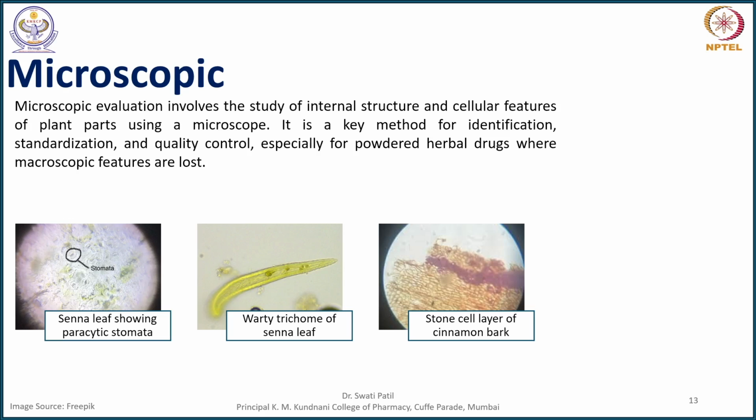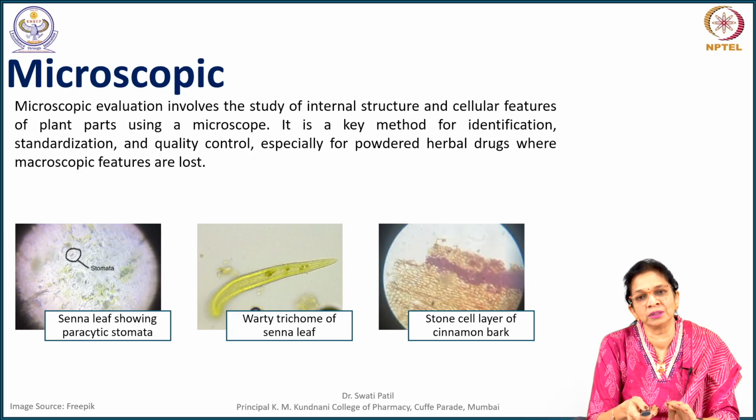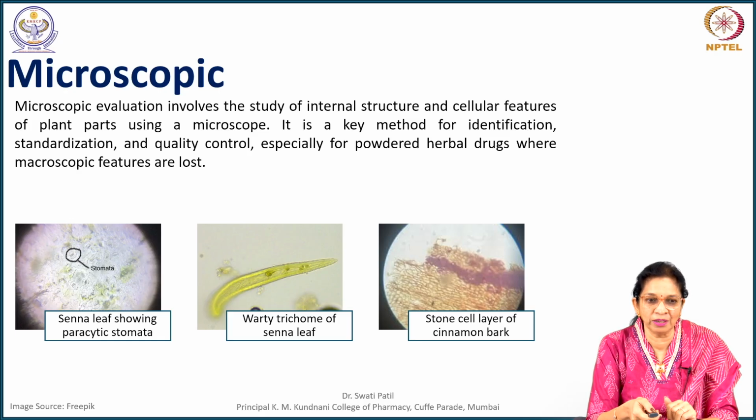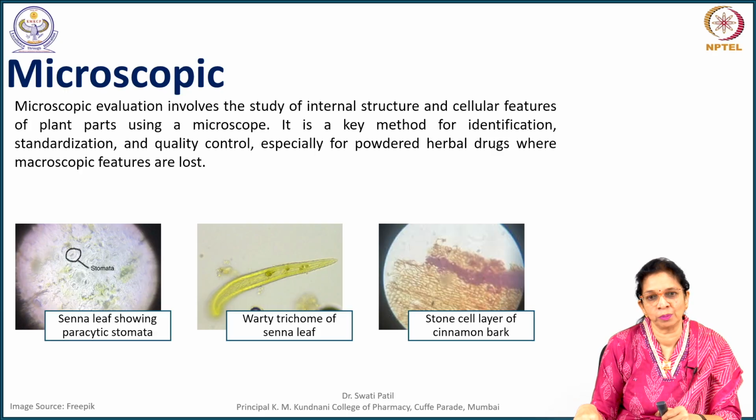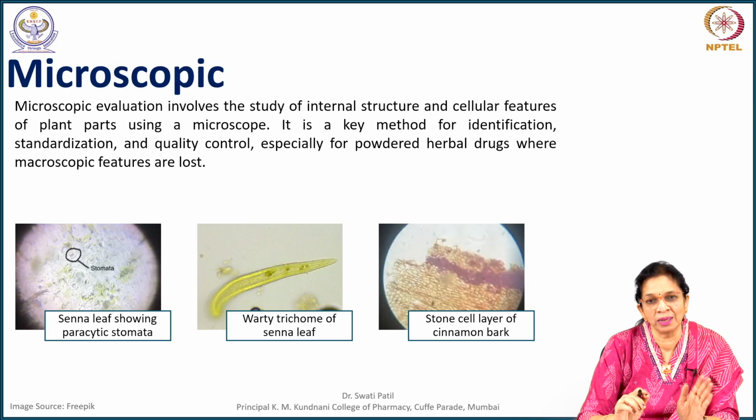Microscopic examination, what we observe under the microscope, is very much needed for powders. Now, if you look at the senna leaf here, senna shows paracytic stomata. What does paracytic stomata mean? The guard cell and the epidermal cell, the axis is parallel to each other.